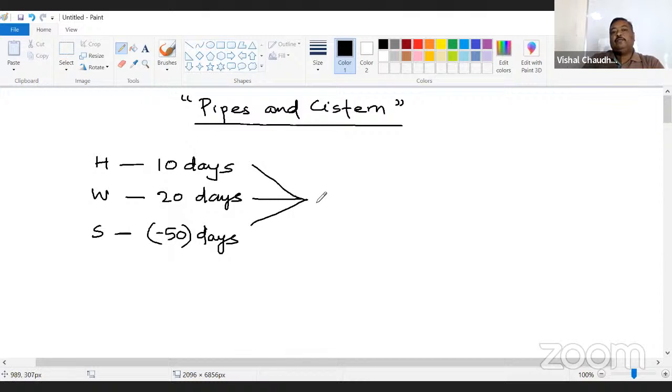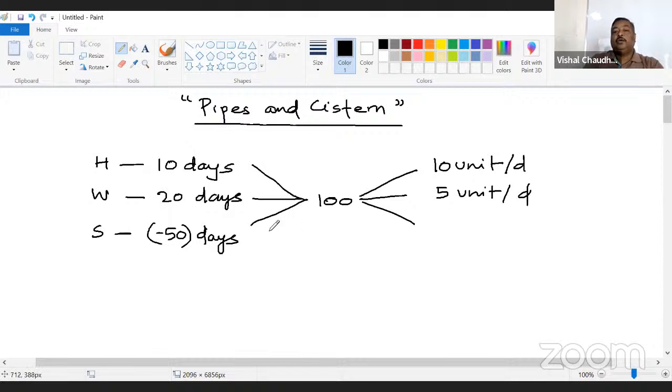So 10, 20 and 50 LCM will be 100. सबसे बड़ा नंबर 50, 50 गुने ले 200, 20 गुने ले 500, 10 गुने ले 10, 100. ये कितना यूनिट करेगा? 10 यूनिट पर डे. उसकी वाइफ 5 यूनिट पर डे, और ये चाइल्ड ये -2 यूनिट, यानी हर दिन ये 2 यूनिट ऑफ वर्क तोड़ेगा.